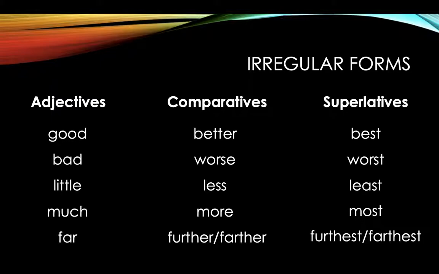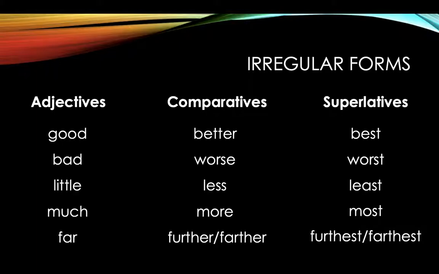For bad, we use worse for comparisons, and for superlatives, we use worst, right? So Texas has worse weather than Florida, but the Northeast has the worst weather, right? So they have the absolute worst. Little becomes less and least, right?